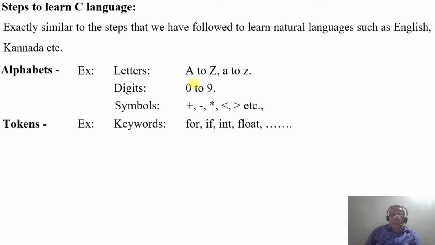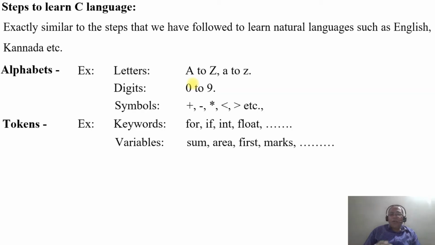Those keywords are for, if, int, float, while, do while, all of which are already defined. So I cannot declare if as a variable. I cannot declare int as a variable. I cannot declare float as the variable name. It is not possible. These are called keywords.